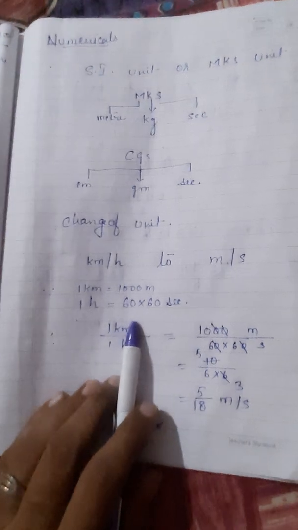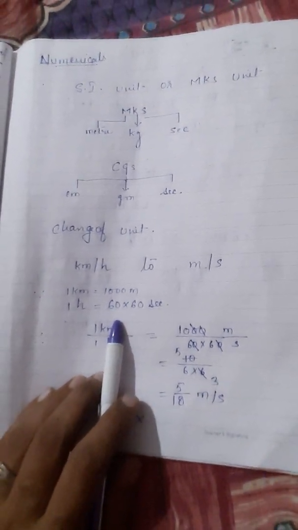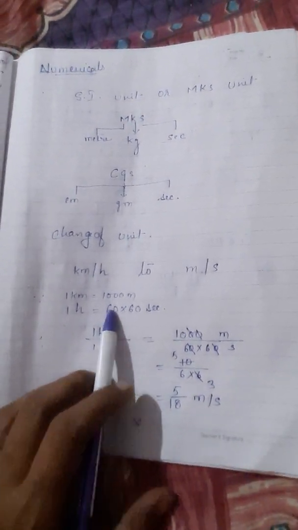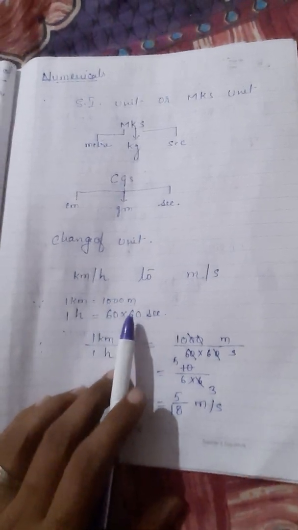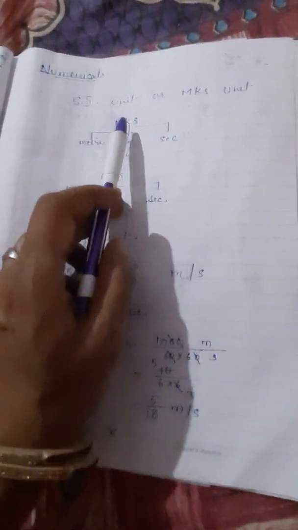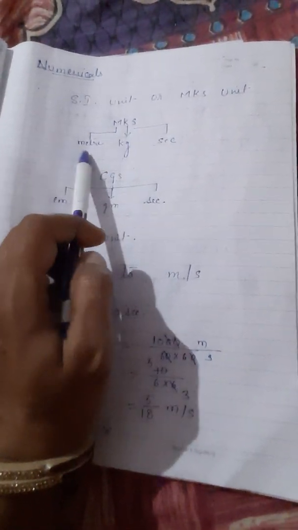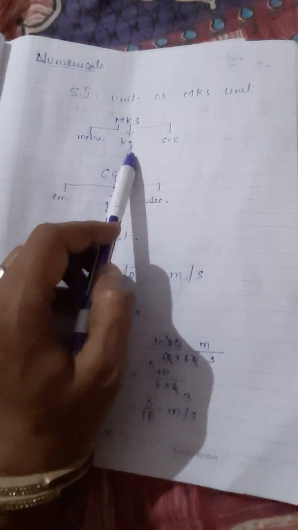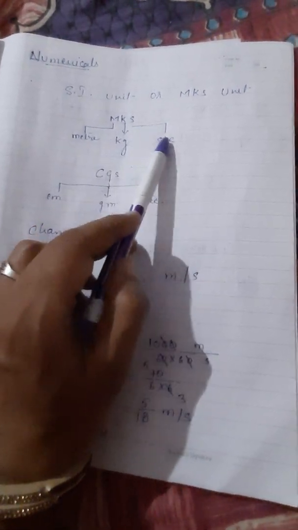For solving numericals, first we need to understand the units. We have already discussed two types of unit systems, MKS and CGS. In MKS, M stands for meter, K stands for kg, and S stands for second.